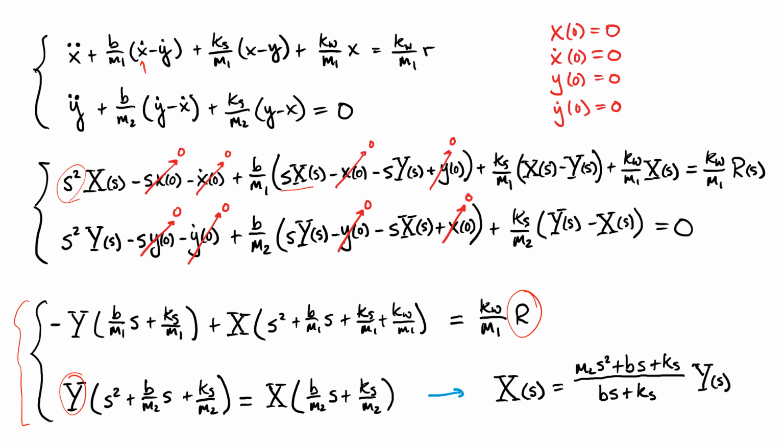One of the ways that you can do that, instead of solving for x here and then plugging in, is simply to use this equation to produce x in terms of y. And then that can get plugged in here. That simplifies a little bit of the algebra, and that's how we get back to the solution for the transfer function.